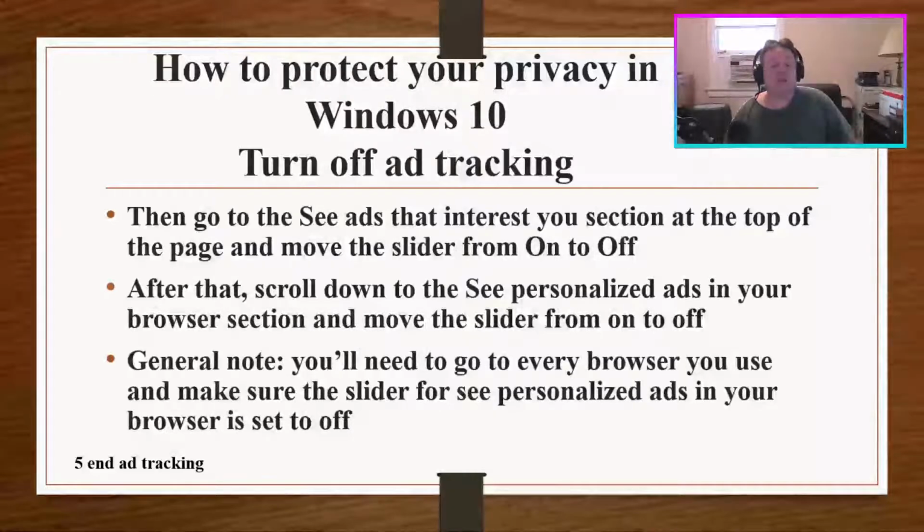Then go to the See Ads That Interest You section at the top of the page and move the slider from on to off. After that, scroll down to the See Personalized Ads in your browser section and move the slider from on to off. And there's a general note here. You'll need to go to every browser you use and make sure the slider for See Personalized Ads in your browser is set to off.